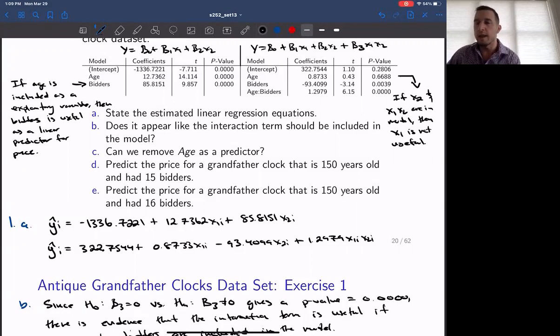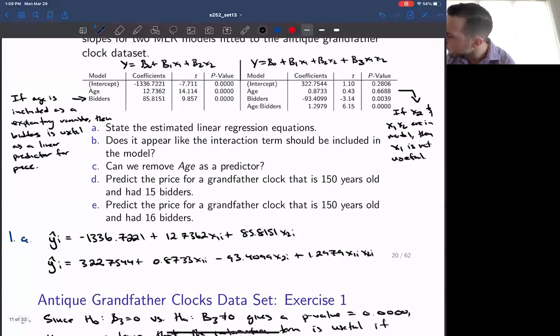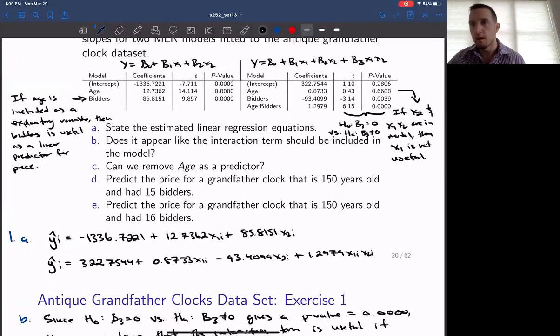Well, one way that we can answer that question is by looking at the p-value that is attached to the interaction term. So recall that each of the p-values shown in the table on slide 20 are for the null hypothesis that that slope equals 0. So this here is testing H0: beta 3 equals 0 versus HA: beta 3 different from 0.